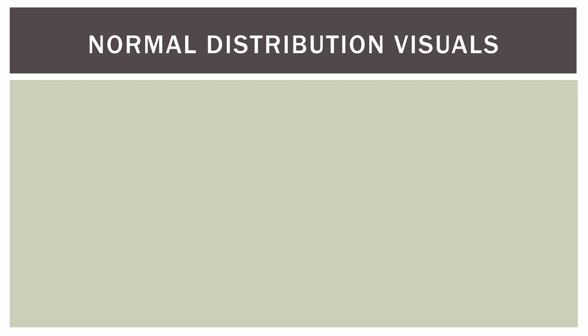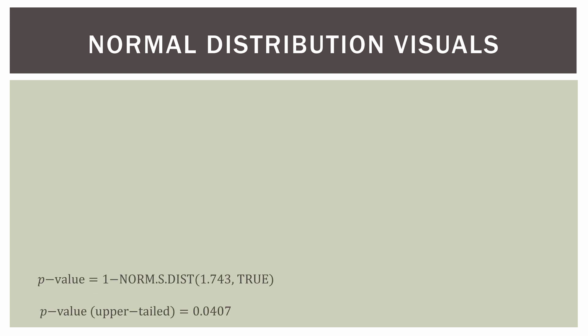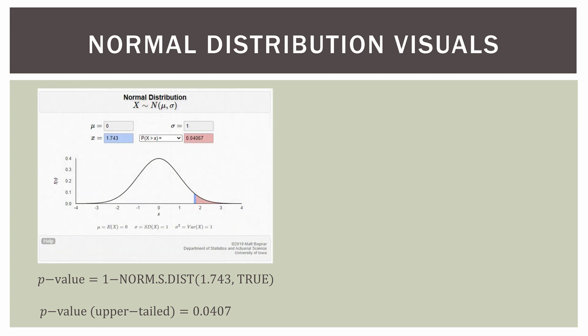As I said, if you were confused about the z-value and probability, here are a couple of visuals to help you. When we found the upper tail of our normal distribution, this is what we found. Remember, our value is 1.743. The probability there in the pink color is 0.0407. We found that slice in the upper right because we took 1, which is the entire curve, and subtracted out the white part to give us the part in pink.